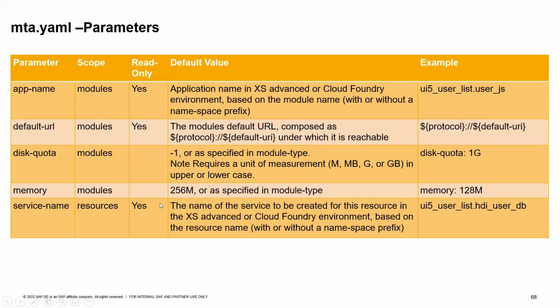Then we have the memory parameter again. We can give 256 MB as the default. We can increase it, we can decrease it. Then we have the service name, which is again a read-only parameter, and the name of the service which is to be created for this resource in the Cloud Foundry environment based on the resource name. So yeah, this is how this works.